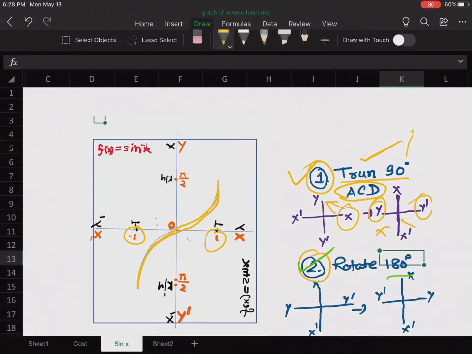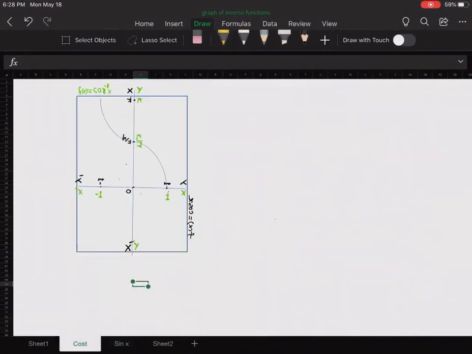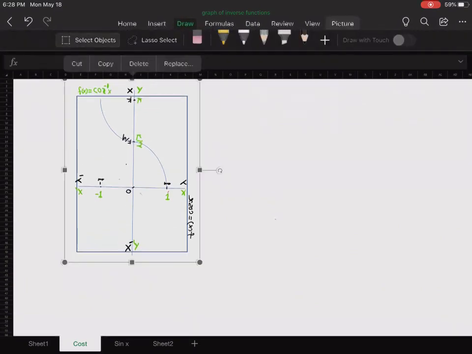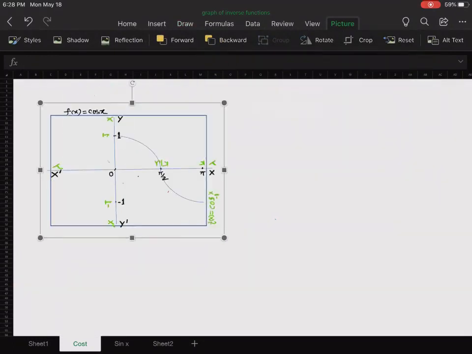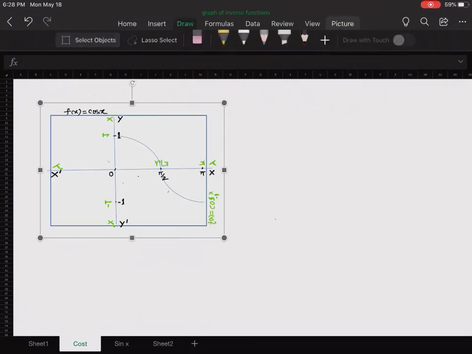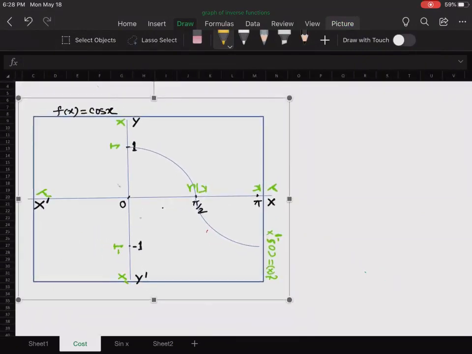So dear students, I have a graph here. You can all see the graph of the function cos x, in which the domain is 0 to pi and the range is -1 to +1.